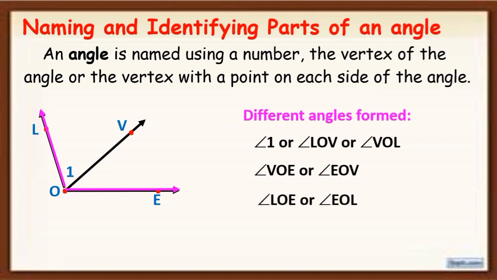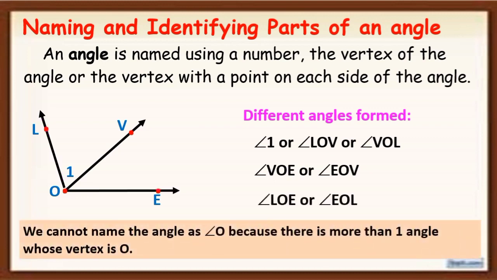So remember, we cannot name the angle as angle O because there is more than one angle whose vertex is O. Ito lang ang dapat nating tandaan na kapag nag-name tayo ng isang angle using a vertex, dapat mag-isa lang siya or iisa lang siya.